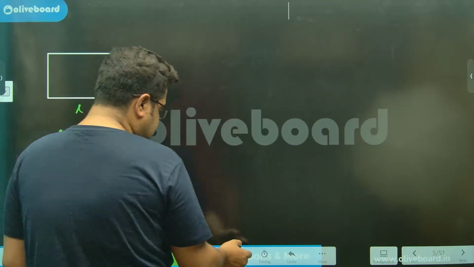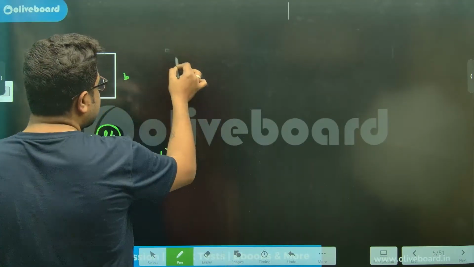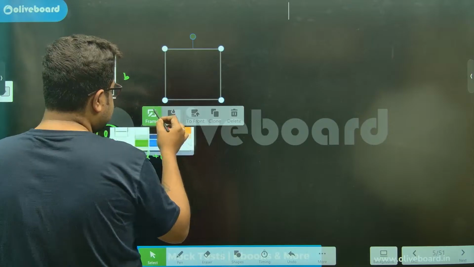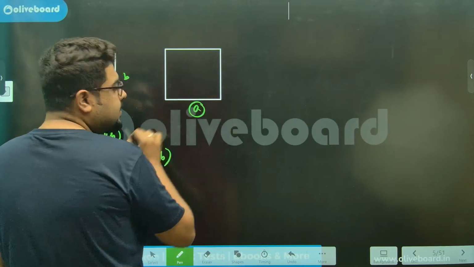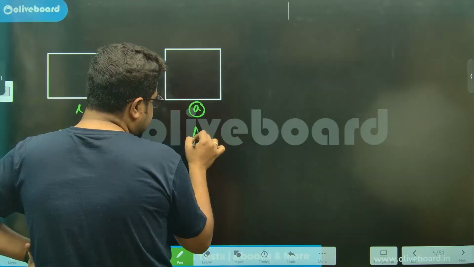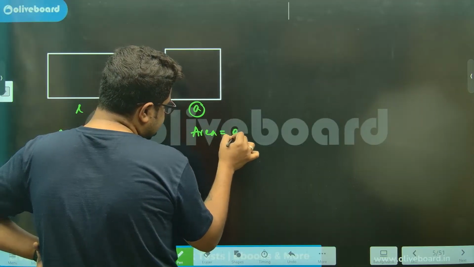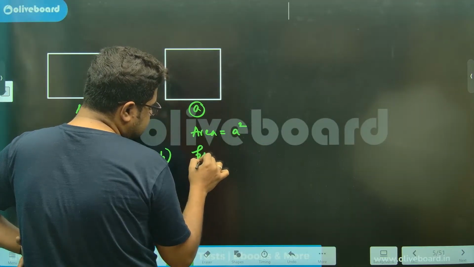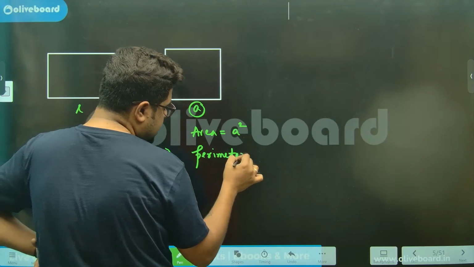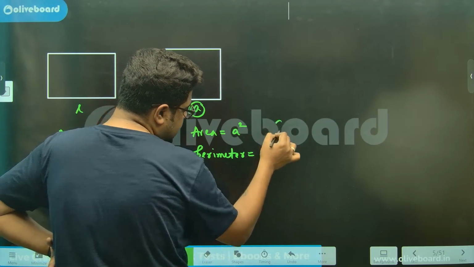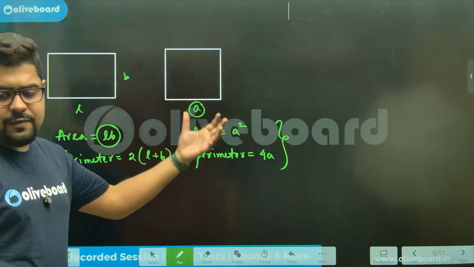What if this becomes a square, sir? So again, L equal to B becomes A. The area becomes A square and the perimeter is 4 times A, so 4A.